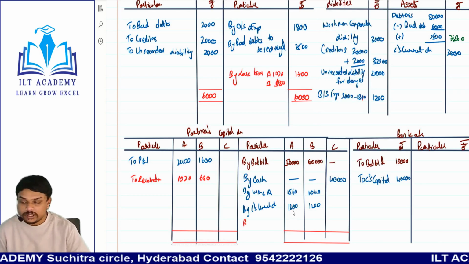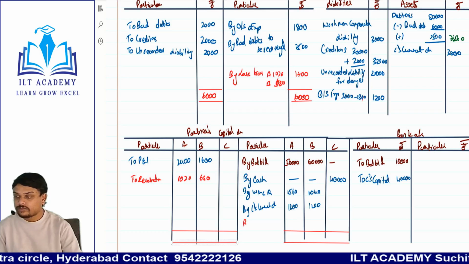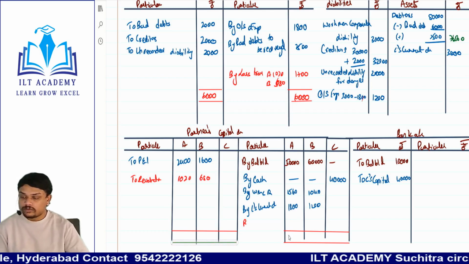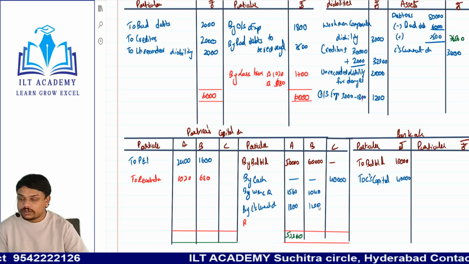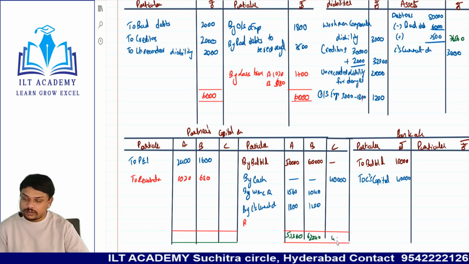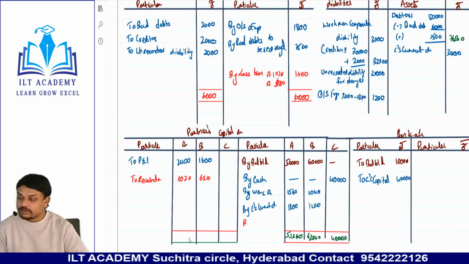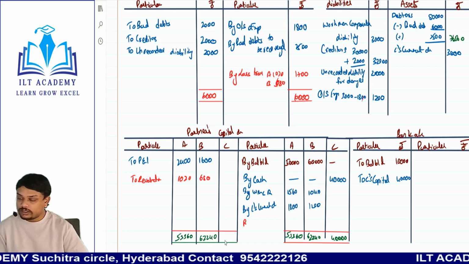3 plus 15, 60 plus 1,800 कितना होता? 53, 53, 360. 61, 62, 62, 40. Next, 40,000. 62 to 40,000.